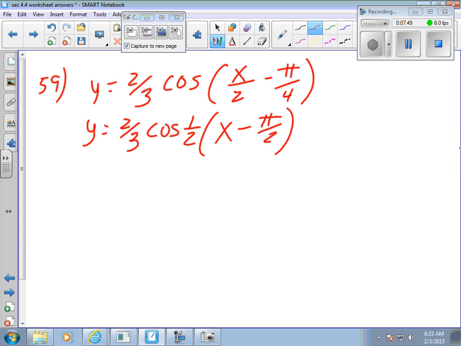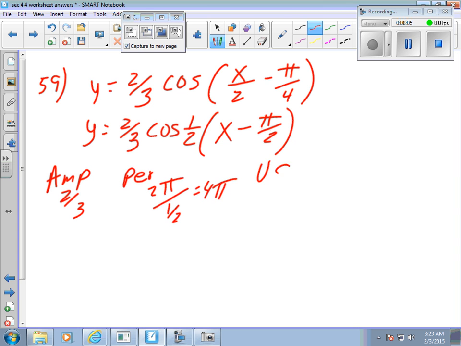So now, let's get our 5 bits of information. Amplitude is 2/3. My period is 2 pi divided by 1/2, which would give me 4 pi. My vertical shift is 0. My horizontal shift is pi over 2 right.